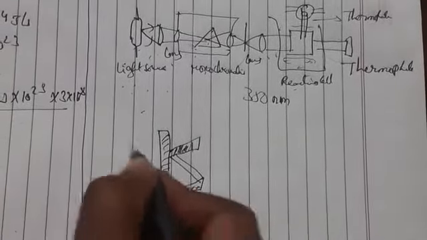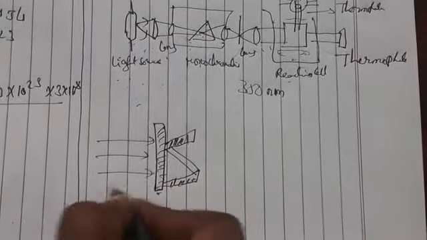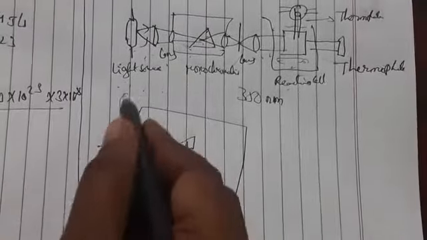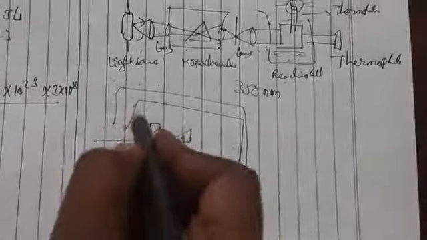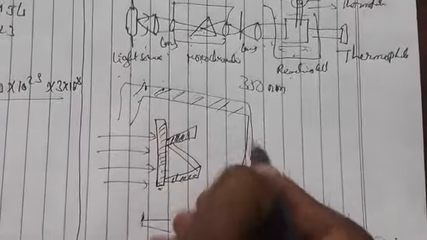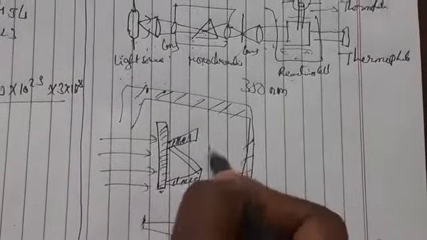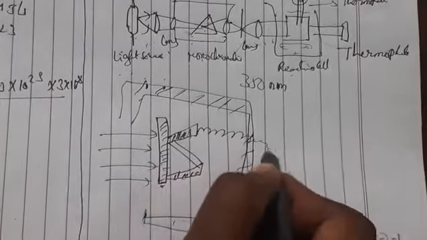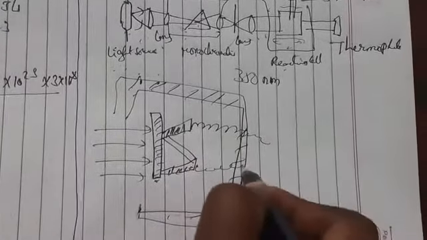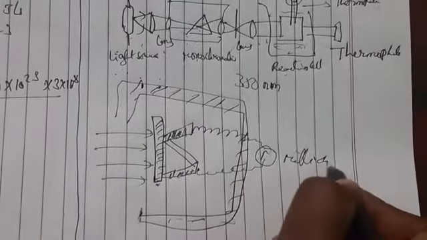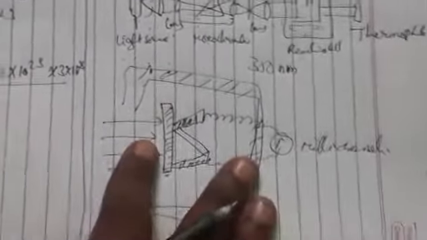When you take this thermopile, it is kept in a box, and these two wires are connected to a milliammeter.